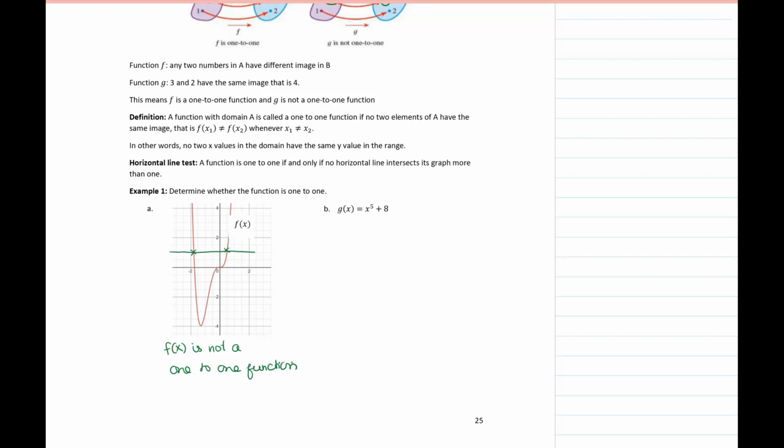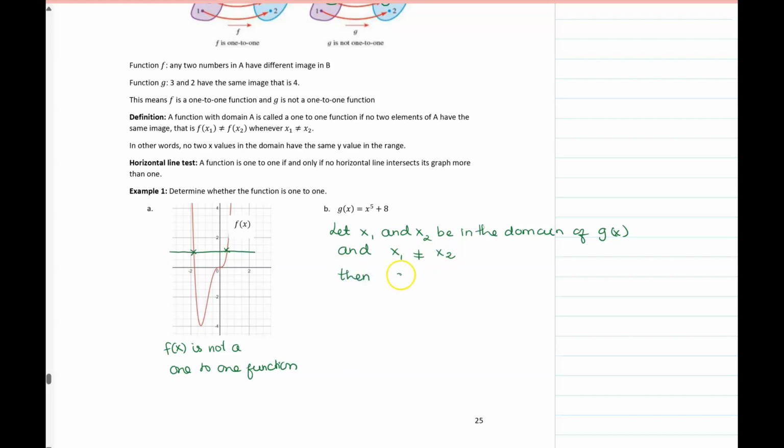So how do we check whether g of x equals x to the fifth plus 8 is a one-to-one function? First, let x1 and x2 be in the domain of g of x, and x1 is not the same as x2.